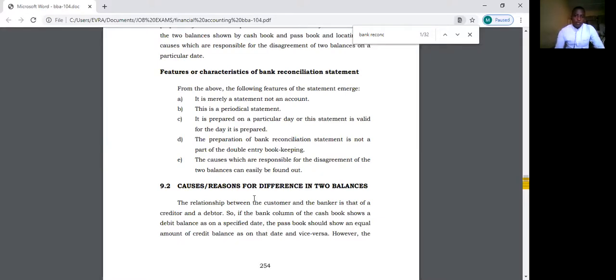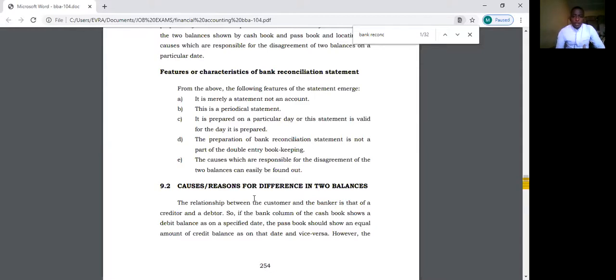The third: it's prepared on a particular day, or this statement is valid for the day it's prepared. That means if you prepare it for today, it is going to be valid for today. Tomorrow will be different. So that's why it requires daily preparation of the bank reconciliation.